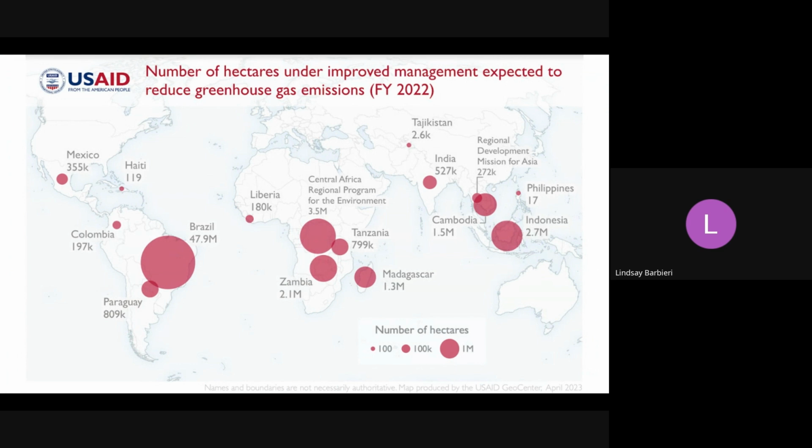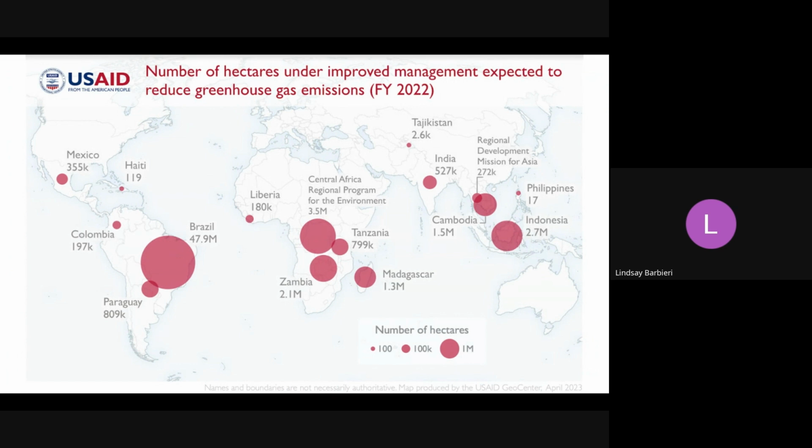Okay, so this is our map of the number of hectares under improved management expected to reduce greenhouse gas emissions. This is our EG 13.8 map reported on for FY 2022. It is an outward-facing map, so it's just a summary of the number of hectares reported for each of the countries we're reporting in FY 22.